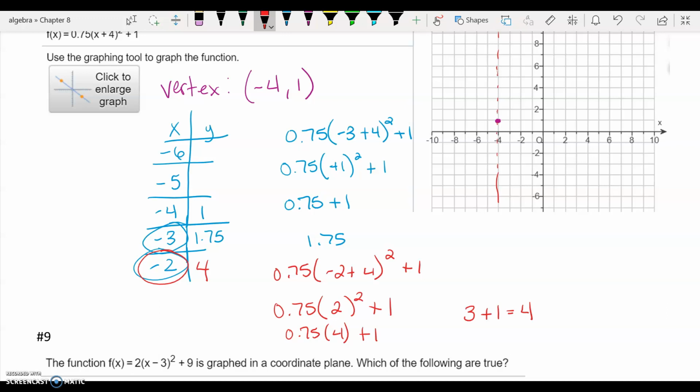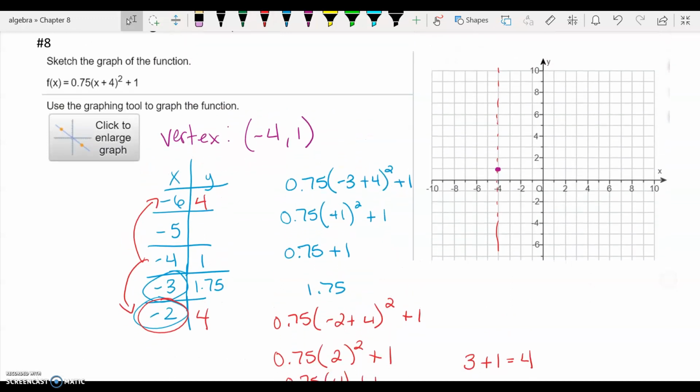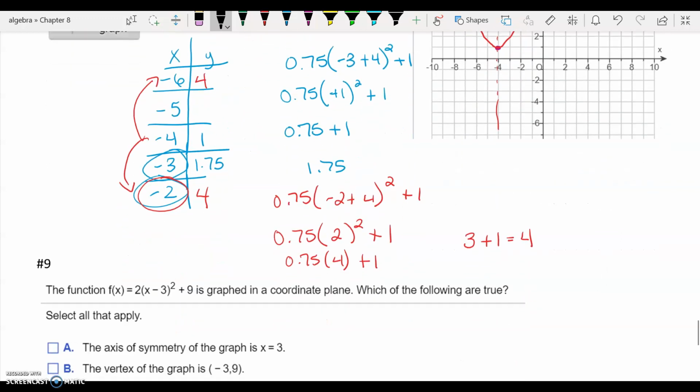I also know because it's 2 units away that -6 is going to be the same answer. It's 2 units away from my vertex, so it's also going to have the same answer. So -2, 4, -6, 4. And then we connect it. That's my parabola. So hopefully you did that by yourself and you got it correct. I'll probably throw a question in there so you can answer it and try it.